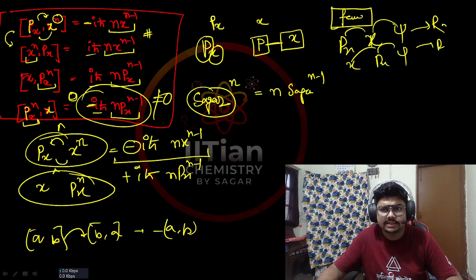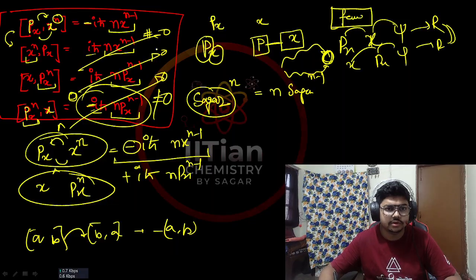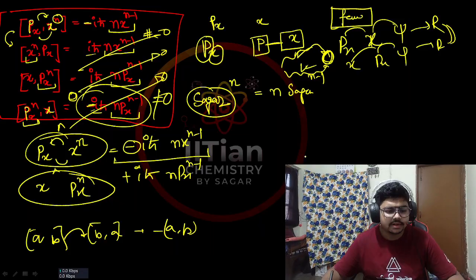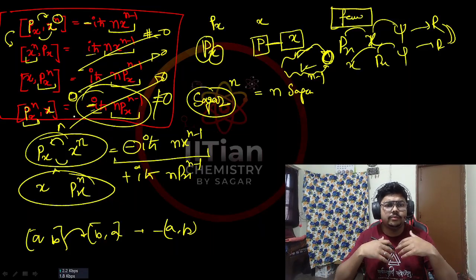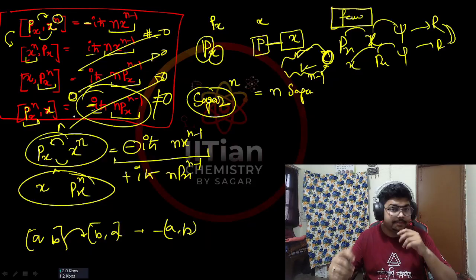Two paths will give the same result if they commute, but here they do not commute with each other, so this is not zero. That means path matters. With time these equations will appear a lot of times in your calculations, and then it will be easier for you.